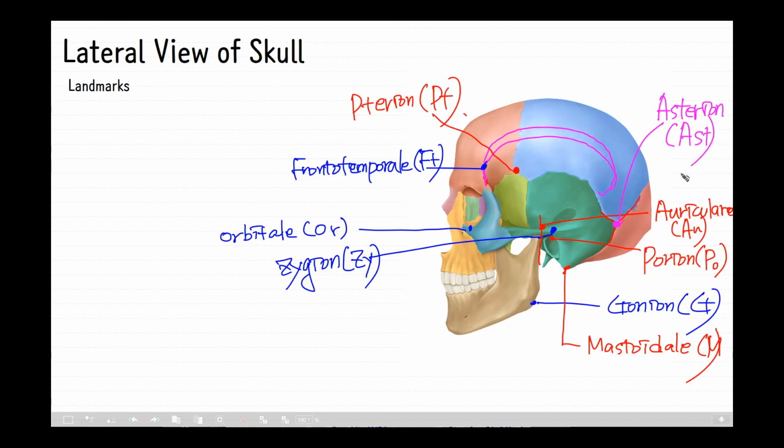The next is the inion. Inion is the craniometric point which corresponds to the external occipital protuberance. This is the inion. And the next one is the opisthocranion. Opisthocranion corresponds to the most posterior point of the occipital bone.